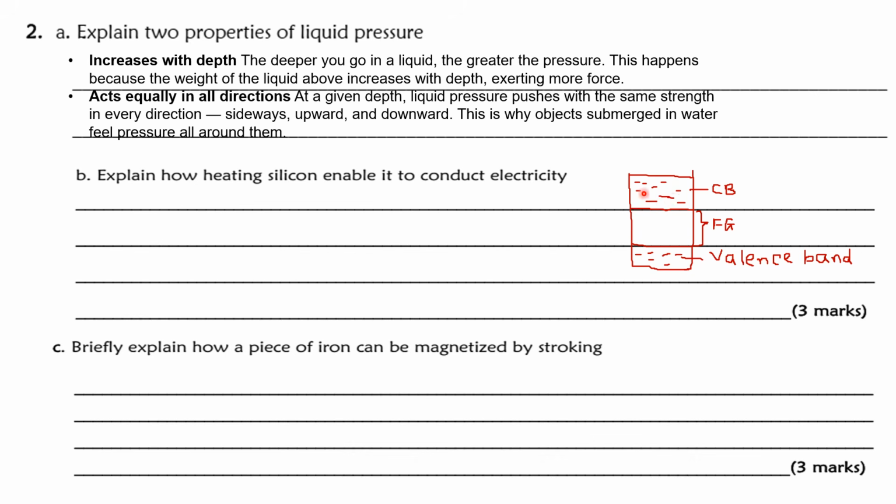Now this gap is so wide that at room temperature, electrons cannot move from here to there. In order to get the electrons to move to the conduction band, energy is needed. That energy can be heat energy, which would cause the electrons in the valence band to gain kinetic energy, enough energy for them to jump this gap, so that they are available as free electrons to conduct.